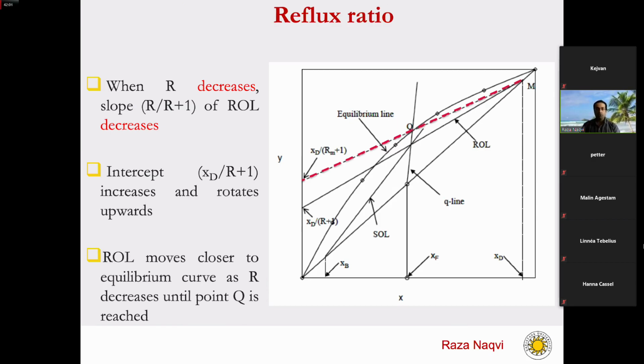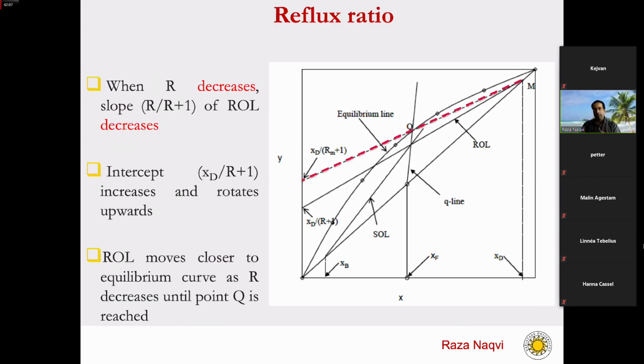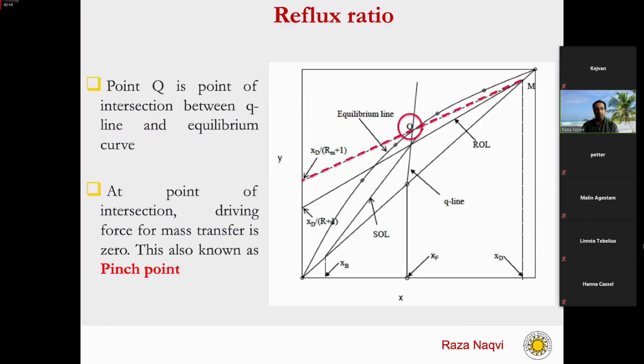The driving force will be reduced and the number of stages will be higher, right? So we reach a point that is the intersection of the operating line with the equilibrium curve. Normally this point is called the pinch point, right? So at the pinch point, what will happen? The driving force for the mass transfer is zero. So there is no driving force, and there will be no mass transfer, right?